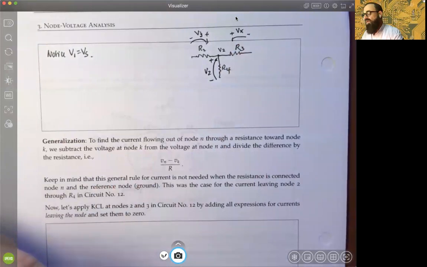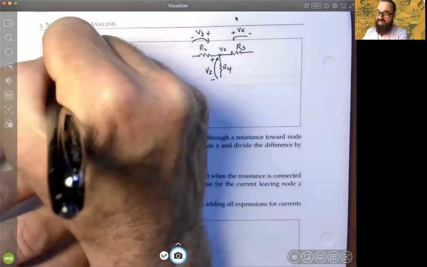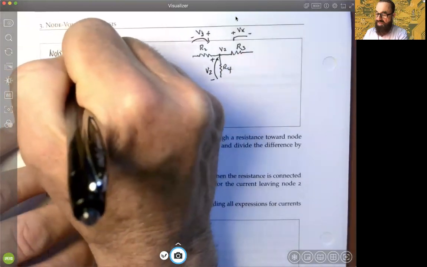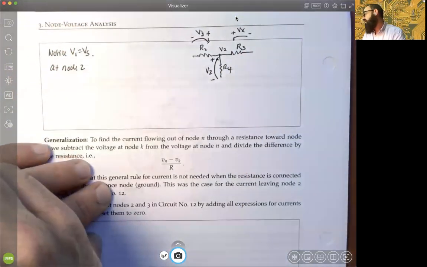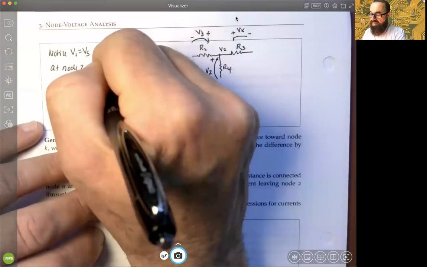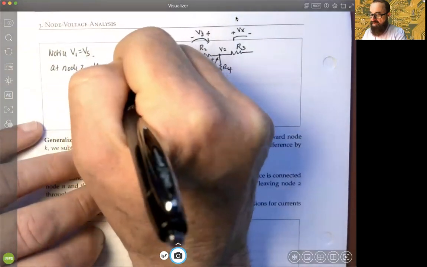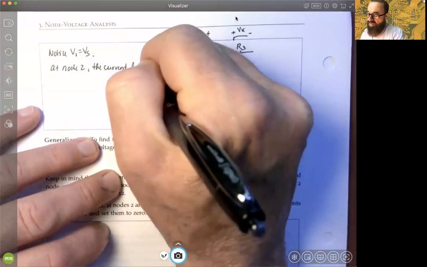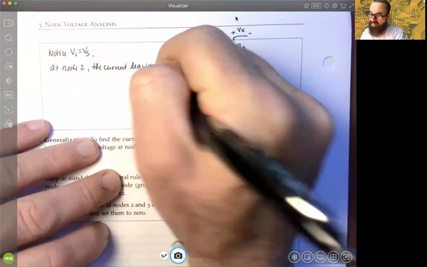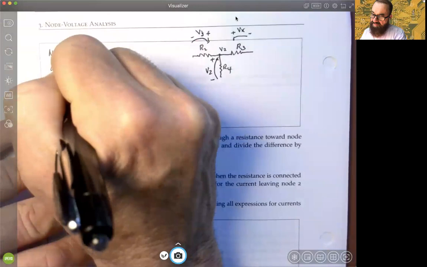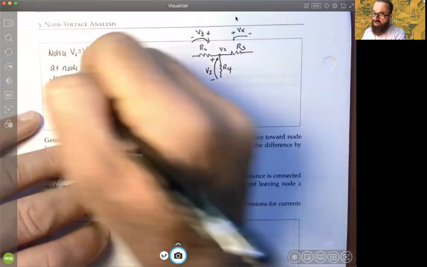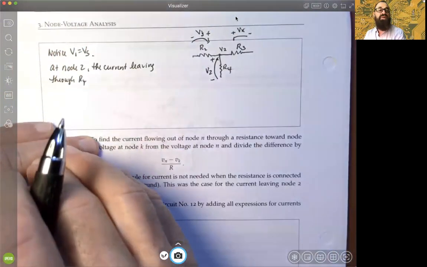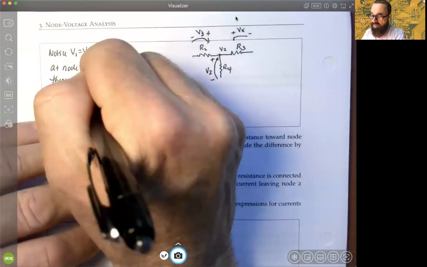Okay, so we're after currents now. So if we notice at node 2, the current leaving through R4, so in other words going down towards that reference node, okay? It's a 4, sorry.